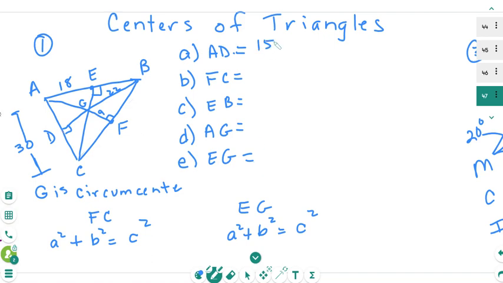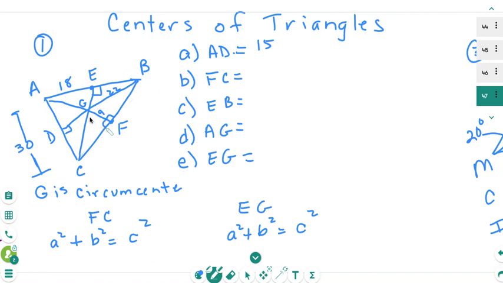If we're going to find FC, now we're going to have to use the information that this is going to be a right triangle. So FC is a right triangle. We have a right angle in there.